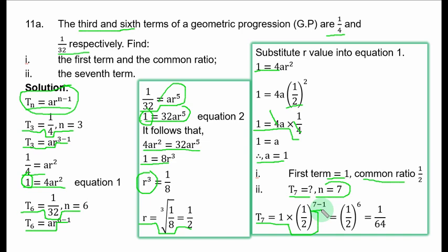So you have 1 over 2 to the power of 6. Power of 6 affects both 1 and 2. So 1 power 6 is 1 and 2 power 6 is 64. So the seventh term of this geometric progression is 1 over 64.